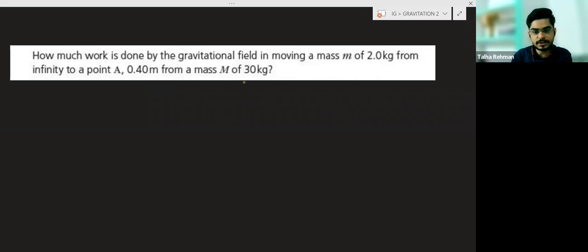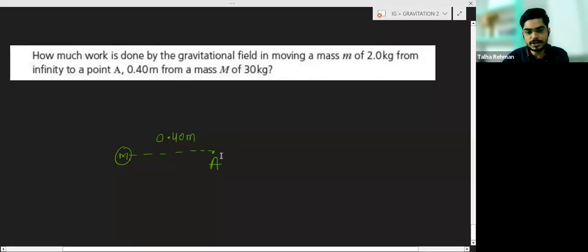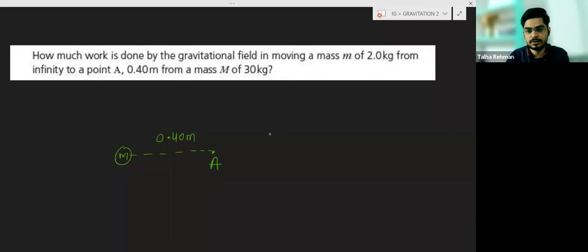So basically the condition is this: this is point A, and this is separated by a mass M, capital M, which is equal to 30 kg.